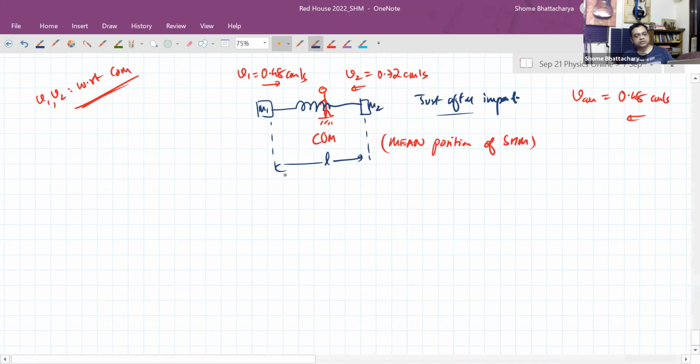Compared to this, now, if after some time they've reached a position like this. Remember, I am in the center of mass frame. So for me, the center of mass is not moving. In this frame, the center of mass is not moving.